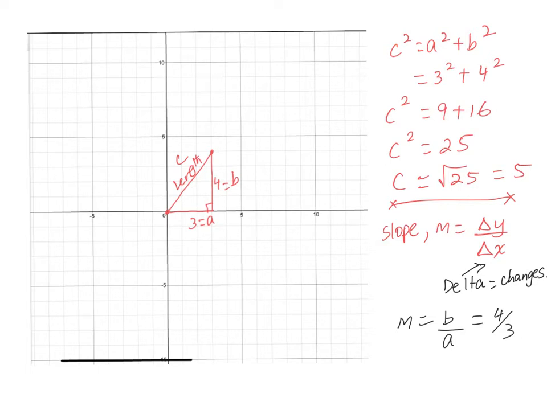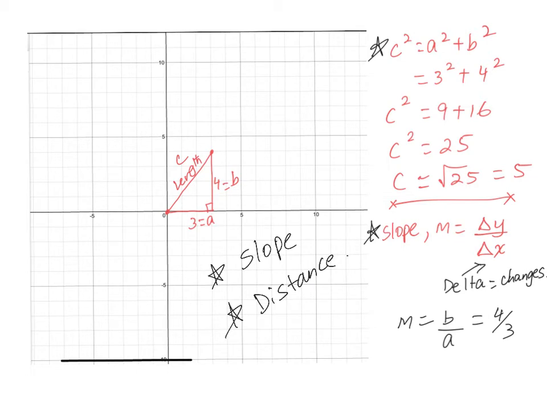So those are two things that you can find from a set of two points. Once you make the right angle triangle, you can easily find the slope, or you can find the distance. Then you can also find the midpoint. There is a video associated with the midpoint.